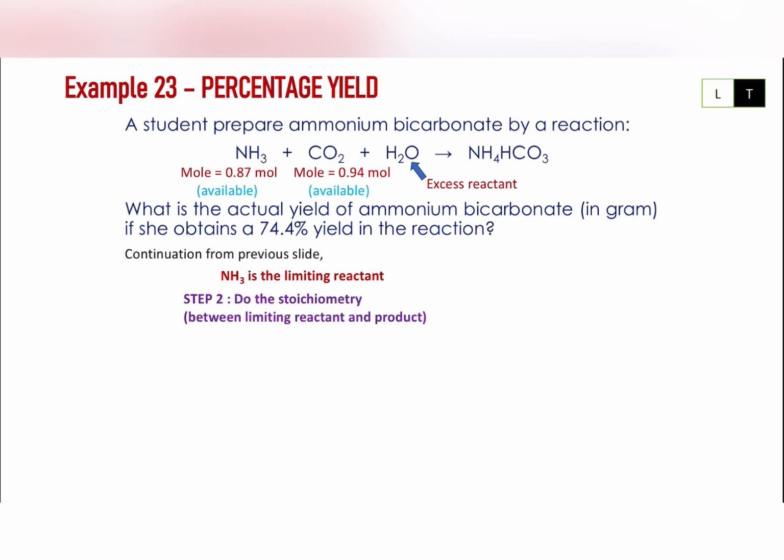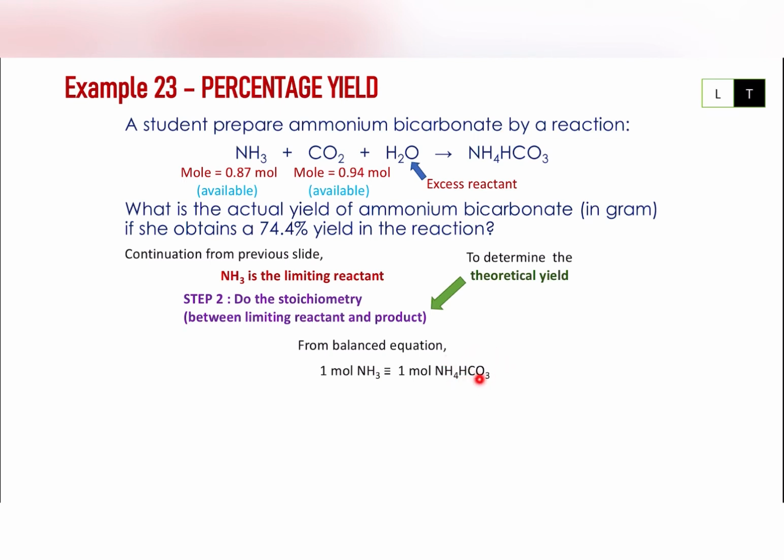So step number 2, I'm going to continue by doing the stoichiometry to find the value for theoretical yield. So first line with statement from balanced equation, 1 mole ammonia reacts with my product.